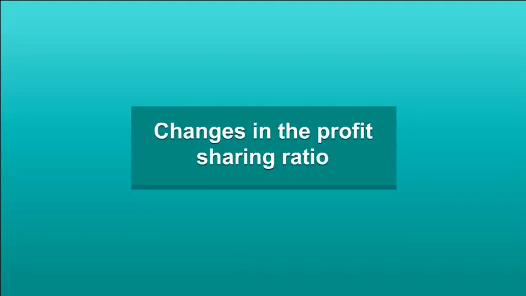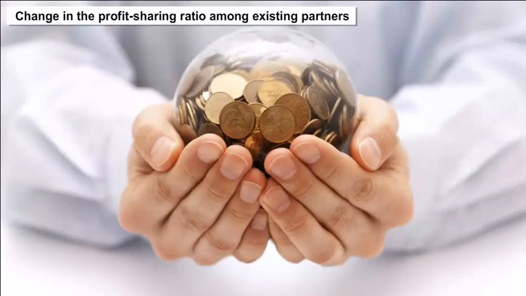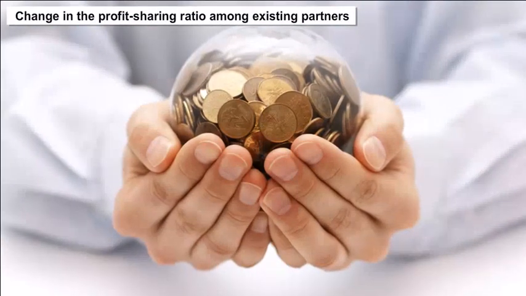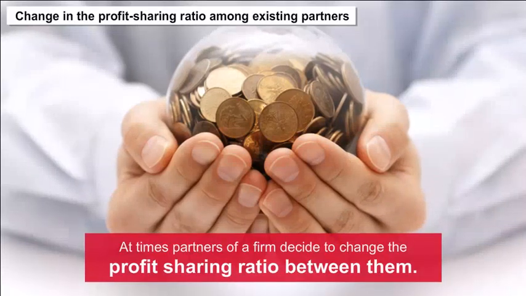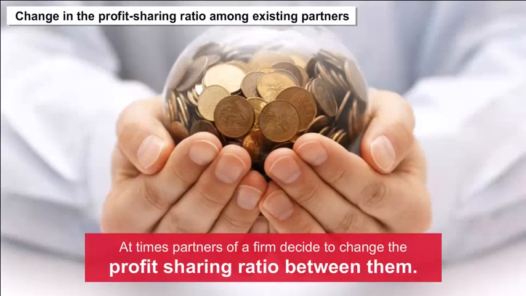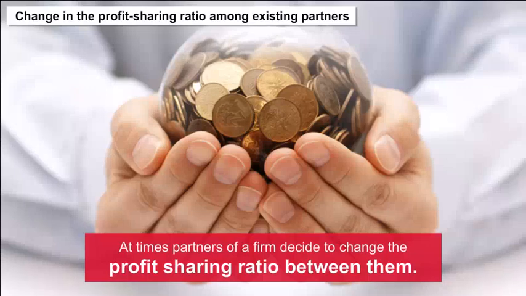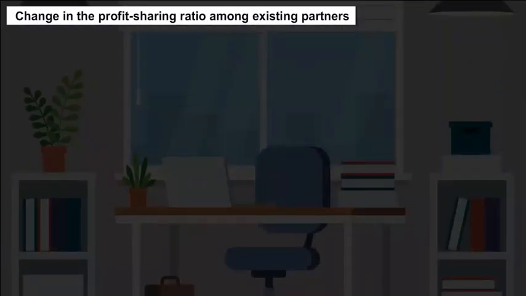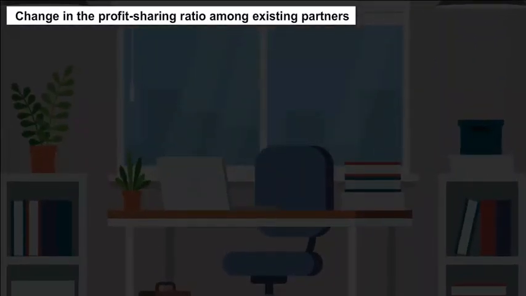Changes in the profit-sharing ratio. Change in the profit-sharing ratio among existing partners. At times, partners of a firm decide to change the profit-sharing ratio between them. Let us understand with this example.